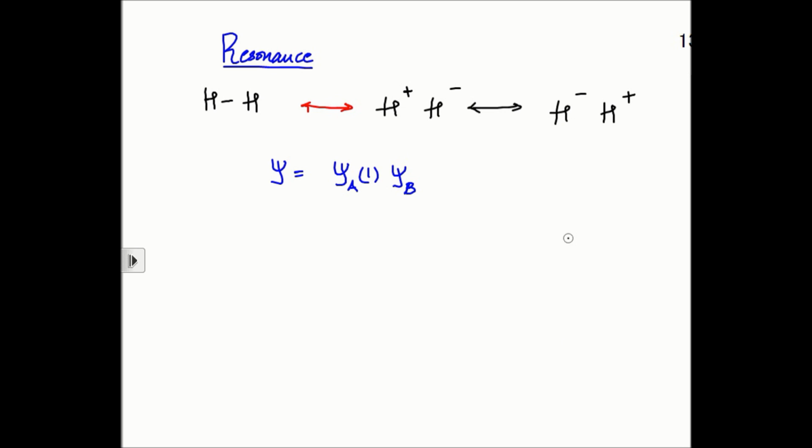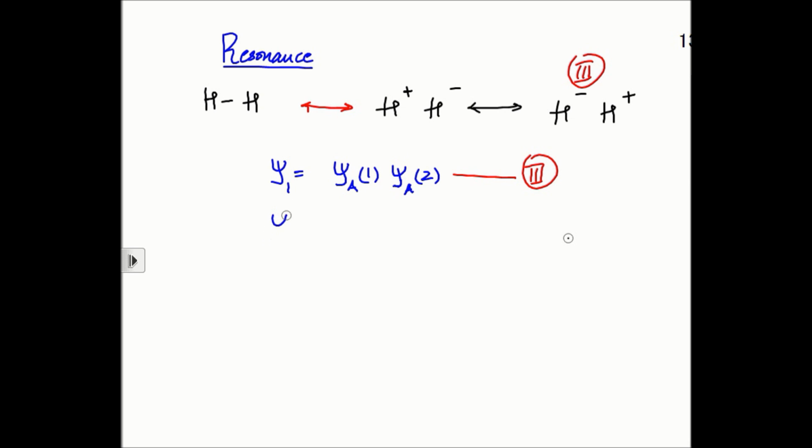Psi A is associated with electron 1, psi A is associated with electron 2 as well. So which structure am I talking about? I am talking about the third structure wherein this HA has a negative charge. That means both the electrons are associated with the atom HA. So the wave function becomes psi A1, psi A2.